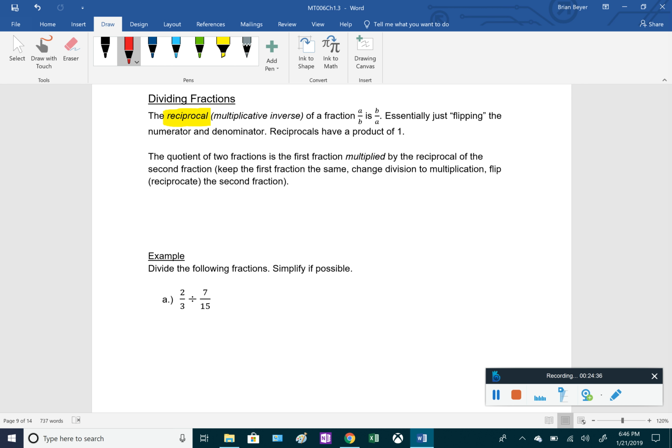So the commonly used phrase for this is keep, change, flip. So we keep the first one the same, change to multiplication, and reciprocate or flip the second fraction. I don't even like using the word flip, but obviously it's easier to say flip than reciprocate.